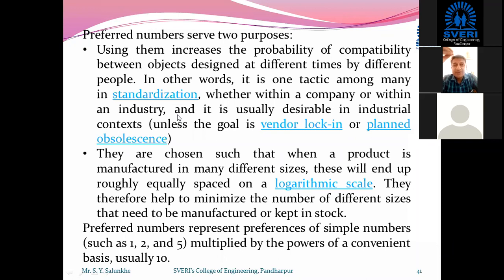Some engine assembly and the total tractor assembly is done in Pune. So the people who are working in Delhi and those who are working in Bangalore, if they are not using this standard series, then that type of components cannot be manufactured or assembled together, and they cannot have compatibility with each other.